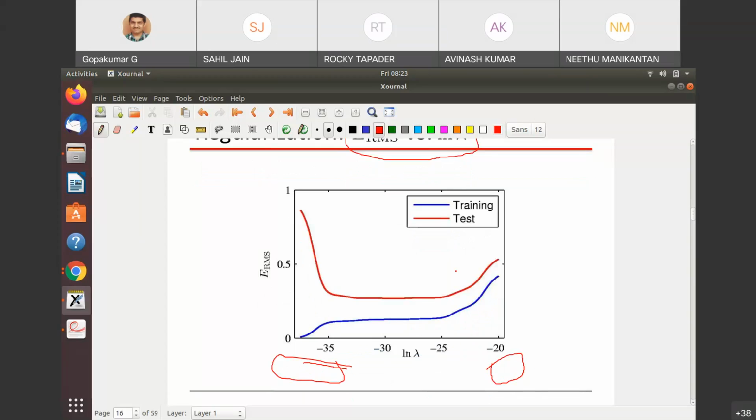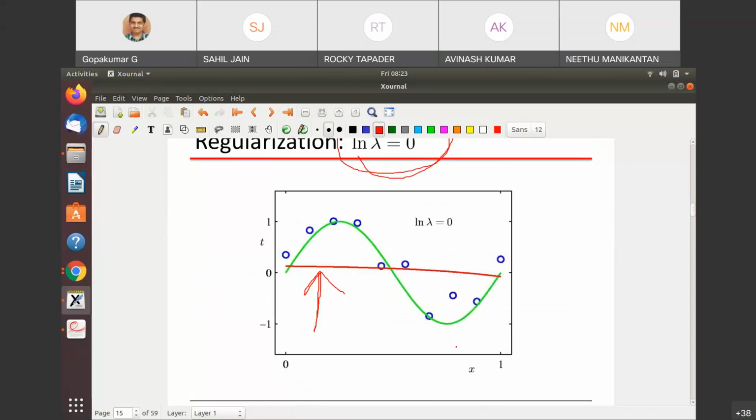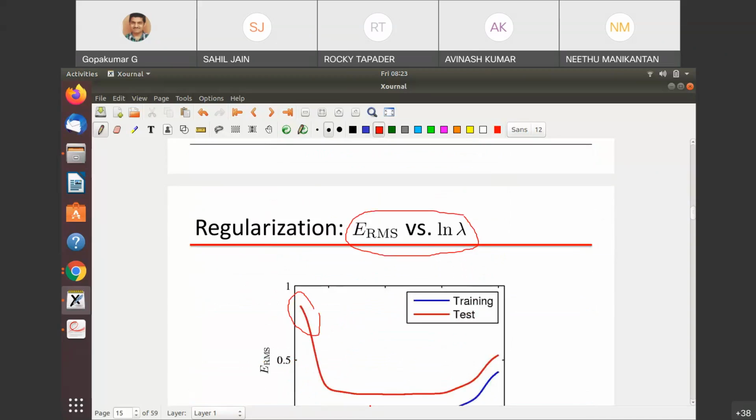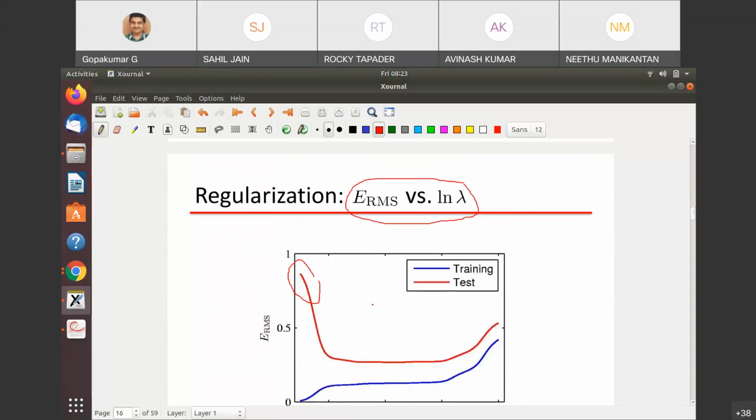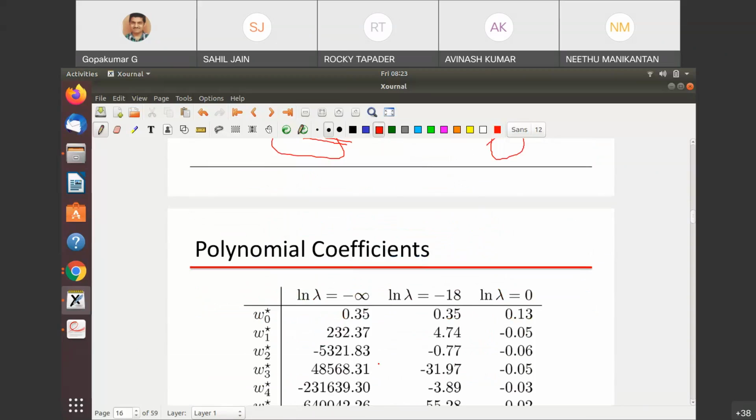You can see that the test error is going to be very high for very large values, say when ln of lambda is large in the negative direction, which means the training error is very small. Likewise, the same concept we have discussed here is shown in terms of a plot. So this is the concept of regularization.